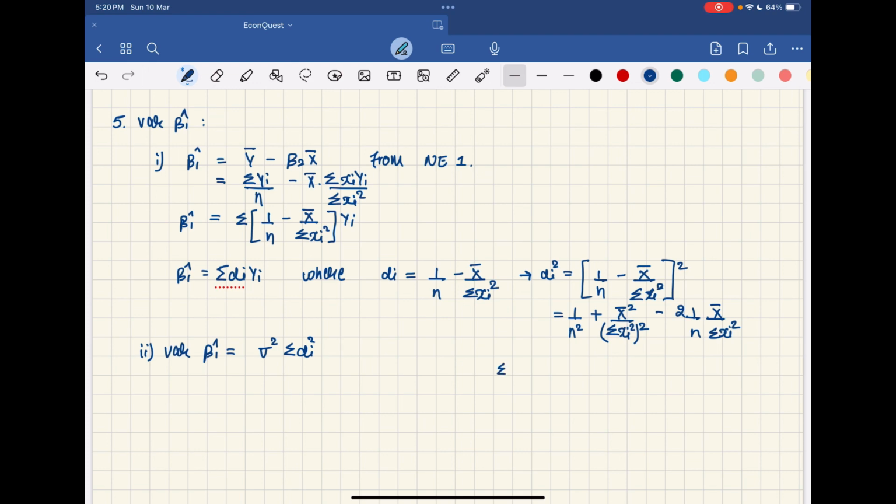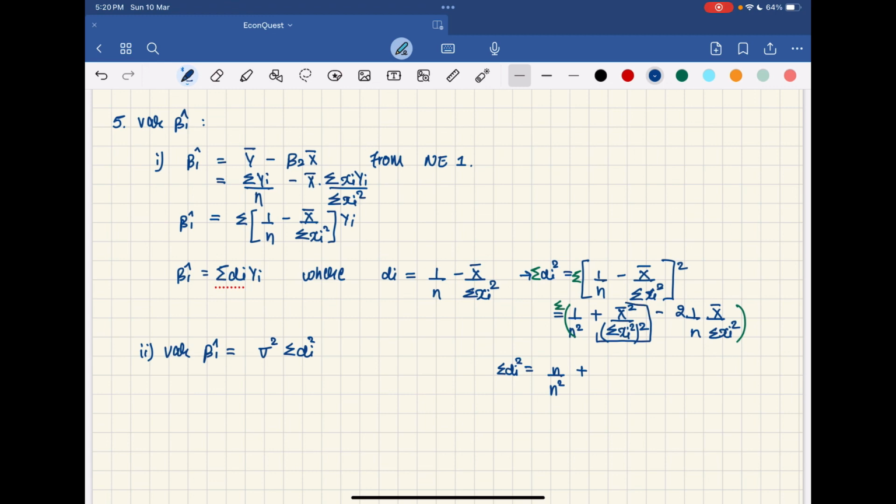So what is the value of sigma di square now? We need to take the summation on both sides. So this is equal to n upon n square plus this term.